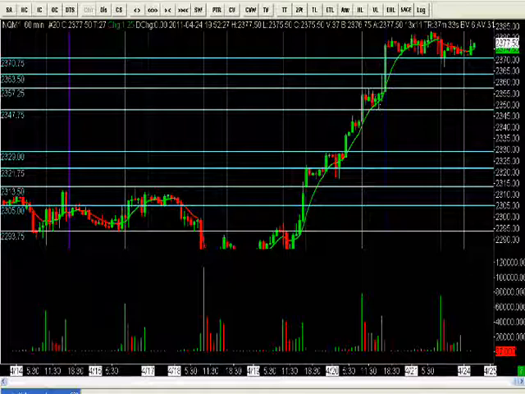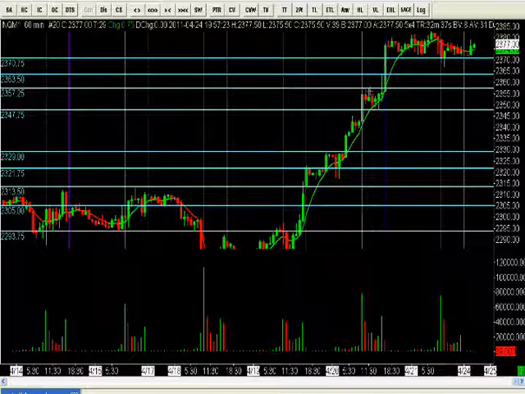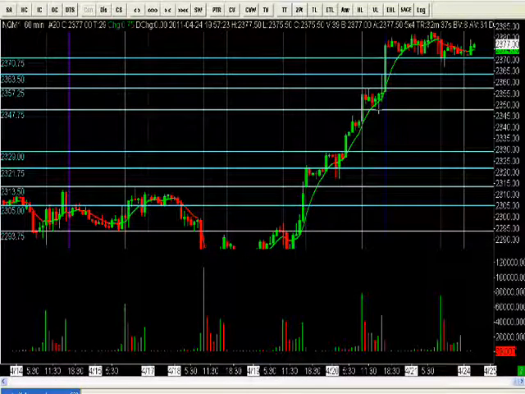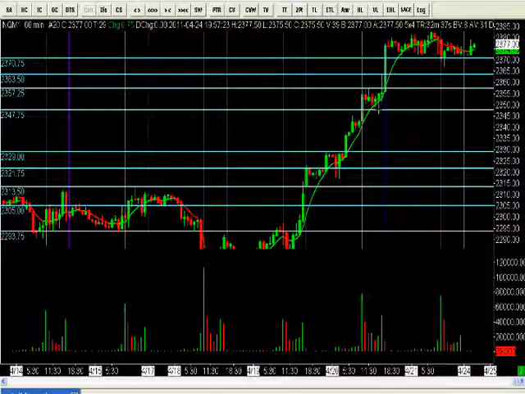Even though we have about a 10-point range there, when you see that you're getting into a congestion area, those are the days where you might have trouble getting runners, where you might just take your 2 points off the table if you're trading the NQ and be done with it, rather than trying to exit in stages and hope for a runner.